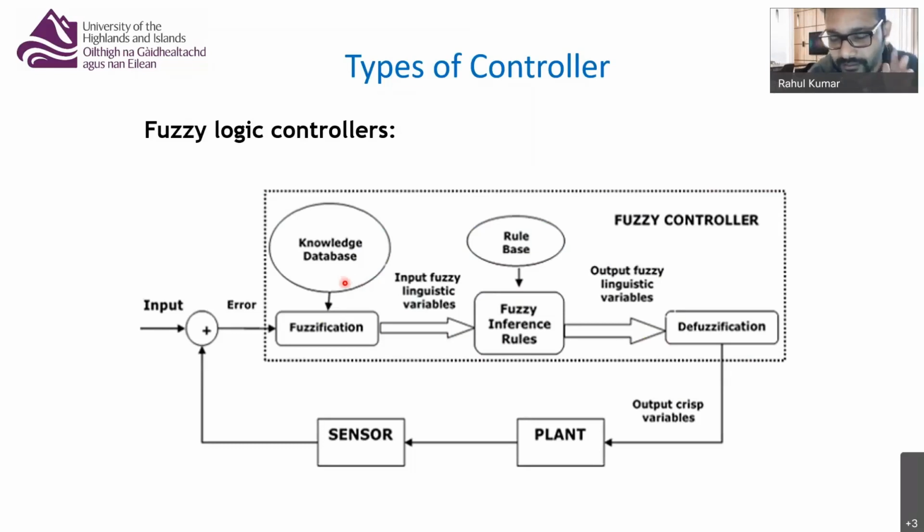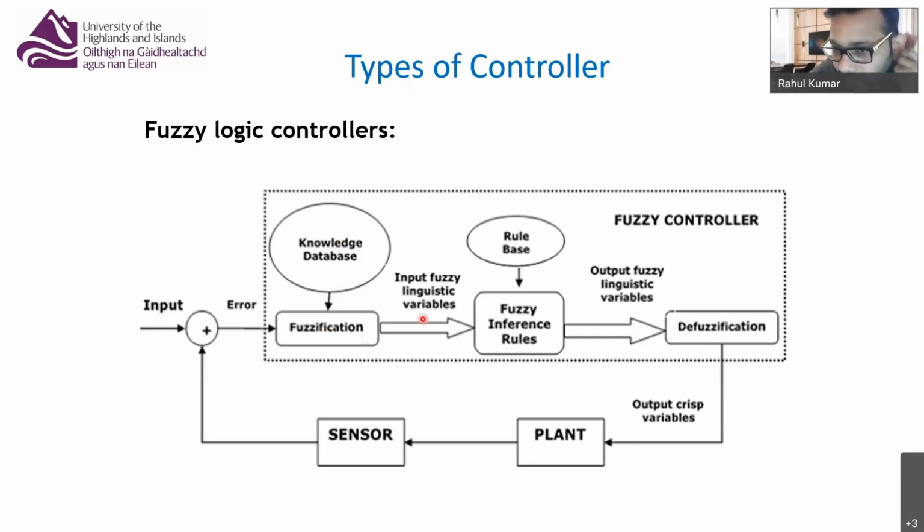So just some inaccurate or imprecise data or knowledge. Using that, you provide it to the fuzzification block, right? Based on this knowledge and database, the fuzzification will generate some variables.